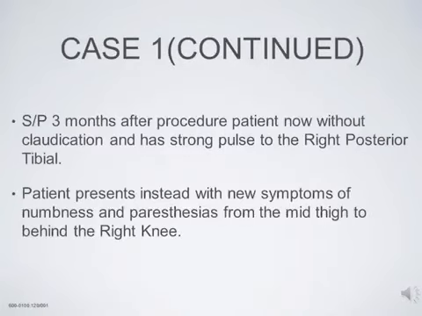3 months after the procedure, the patient was still without claudication, had +2 pulses in the posterior tibial vessel, and actually presented with new symptoms of numbness and paresthesias from the mid-thigh to behind the right knee.